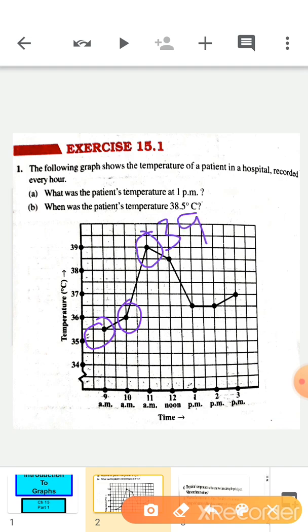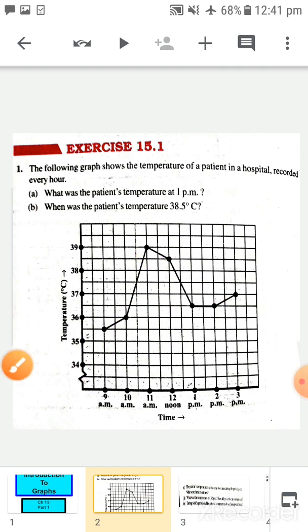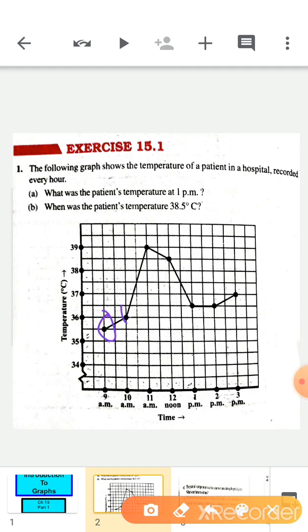So in these 3 points temperature increased in the upward direction, after that temperature is falling down. Okay, so concentrate on these 3 points.